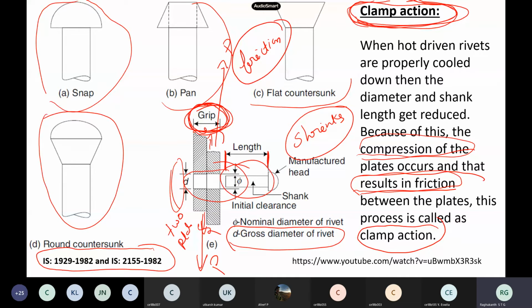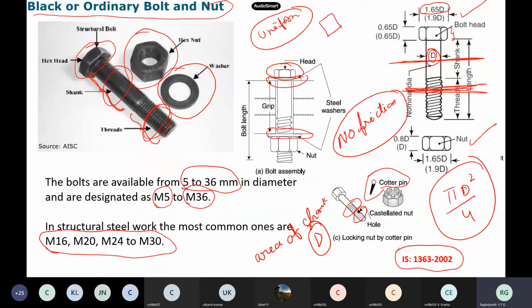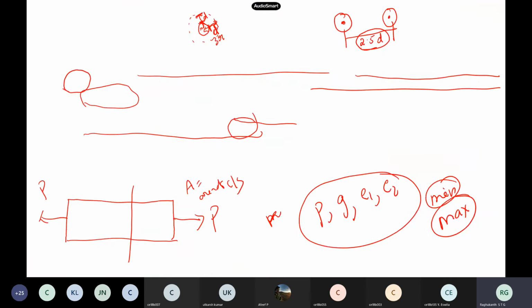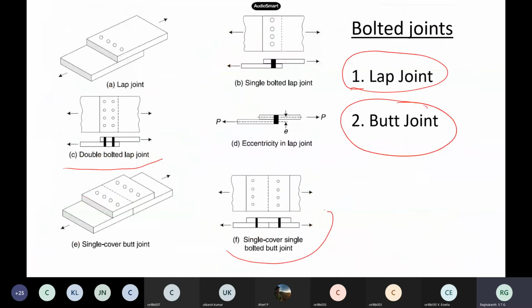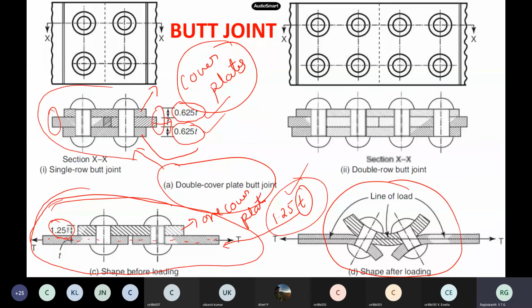When you insert the bolt inside these plates, the portion that is inside the two plates is what we call the grip. If I take the single cover and double cover, this is the grip for my bolt. This is my grip length. Here the grip length is this much only.